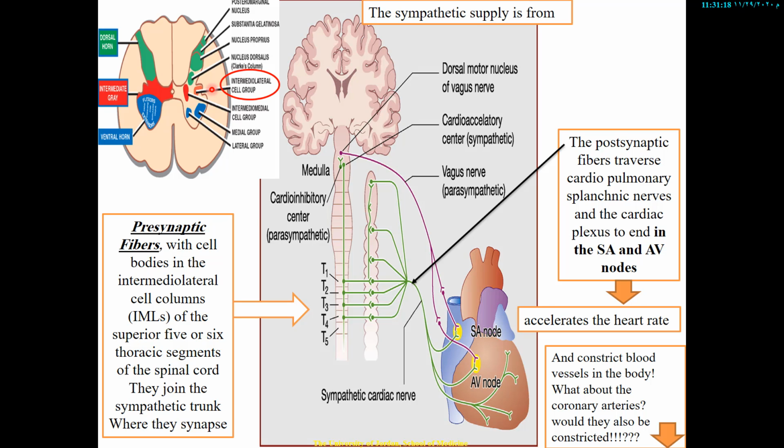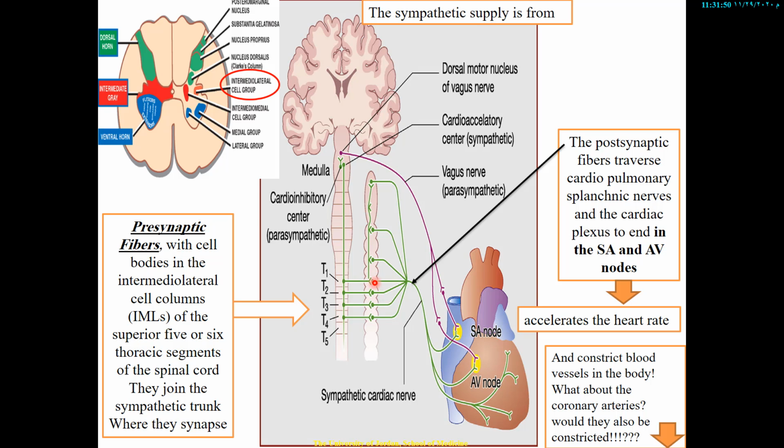Now, the presynaptic sympathetic fibers coming from the lateral horns of T1, T2, 3, 4, 5, then go, as all sympathetic nerves, through the sympathetic chain. Some of them would pass and synapse here in the sympathetic chain.